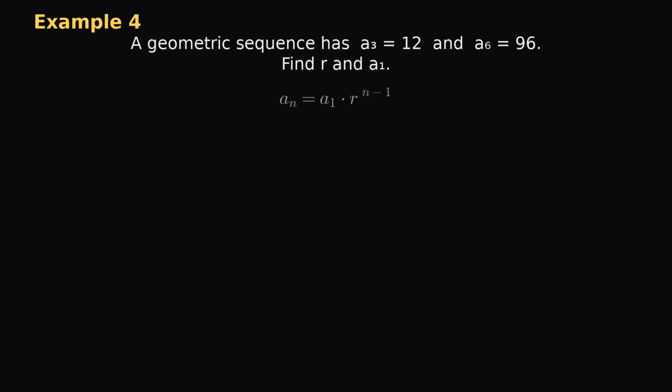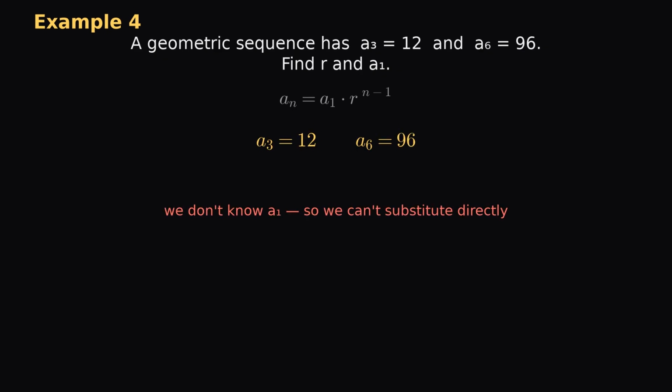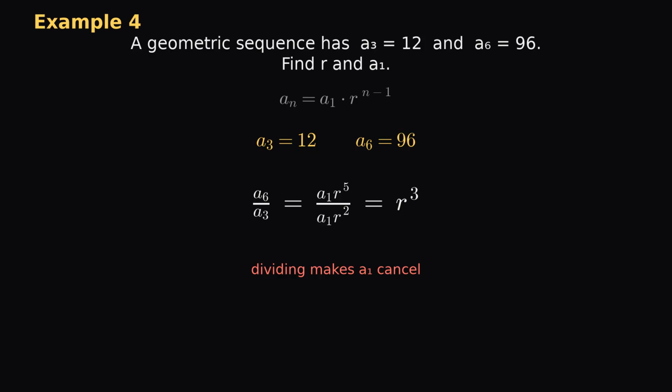Example 4, and this one is harder. A geometric sequence has a 3rd term of 12 and a 6th term of 96. Find r and find the first term. We don't know a1, so we can't substitute directly. But watch what happens if we divide one by the other. a6 over a3. That's 96 over 12, which is 8.